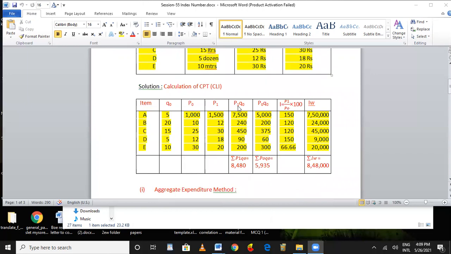Here P1 1500 into 5, 7500. 12 into 20, 240. 30 into 15, 450. 18 into 5, 90. 20 into 10, 200. So this is P1 Q0. For the aggregate expenditure method, we are considering the current year prices and the base year's quantity.